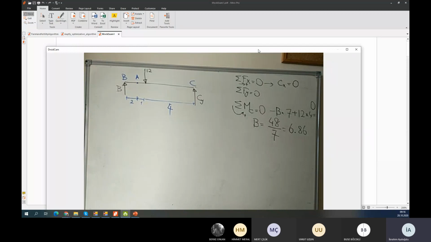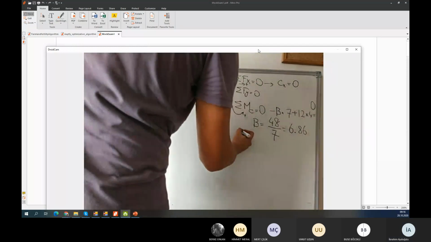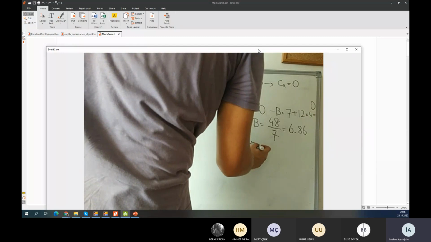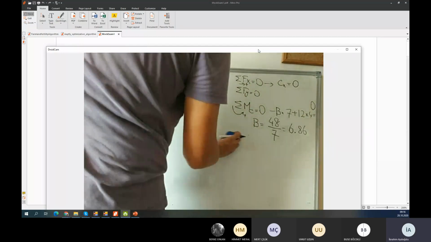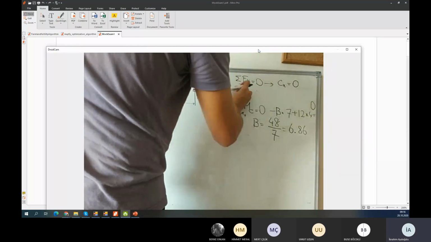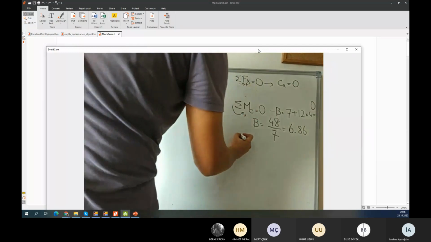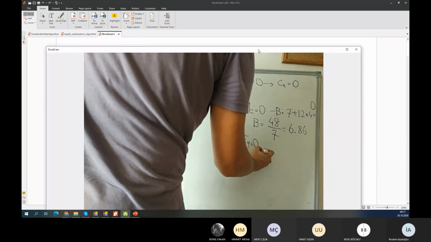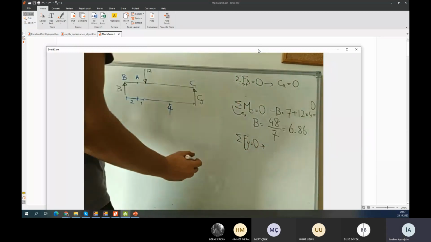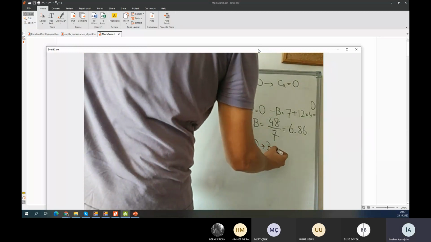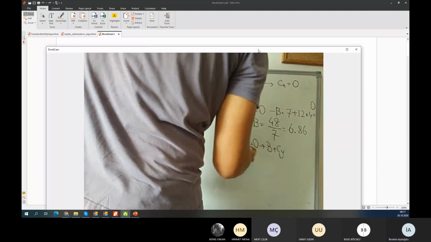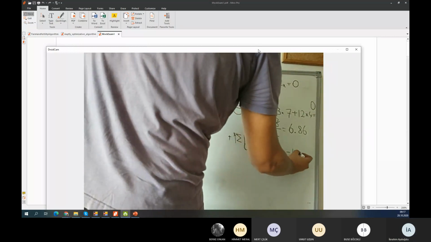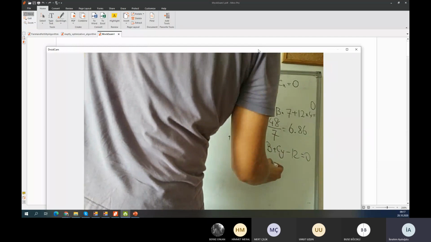So I found B, and sigma Fy is equal to 0. I want to use this equation downside. B plus Cy, I take this one as positive, minus 12 is equal to 0.